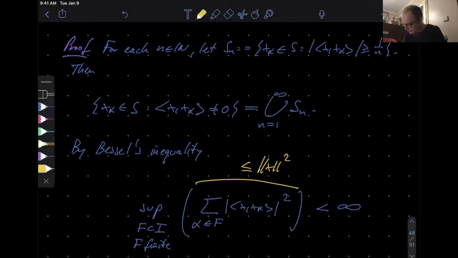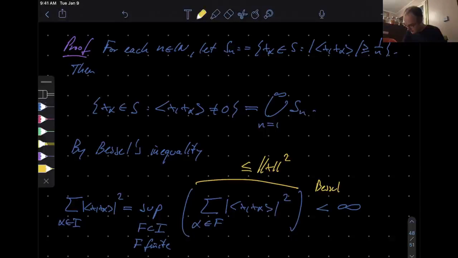And this is precisely Bessel. This inequality is Bessel. But what is this here? Well, this is precisely equal to, think about it, the sum of the length of x alpha squared, where now alpha ranges over the entire index set, which can be uncountable. Good.